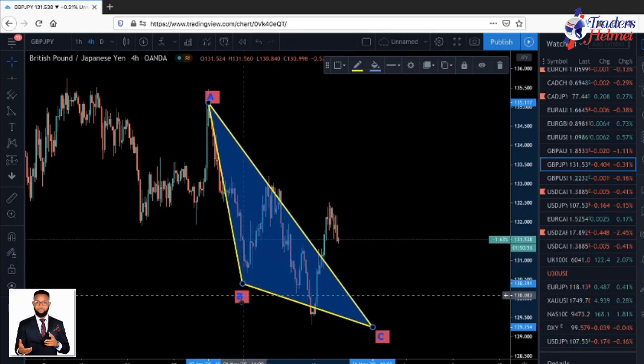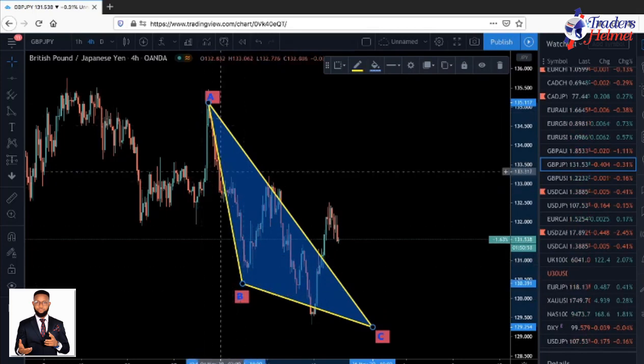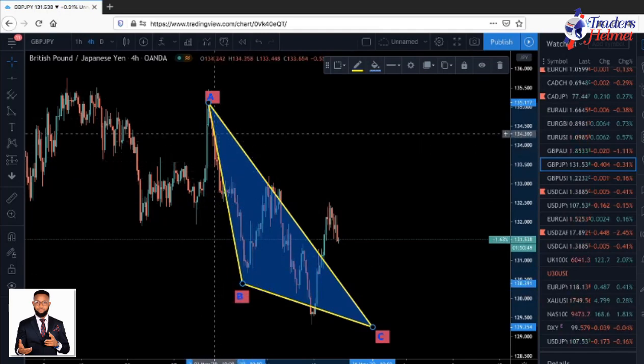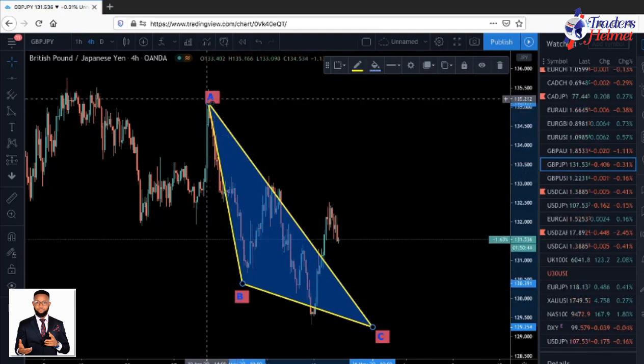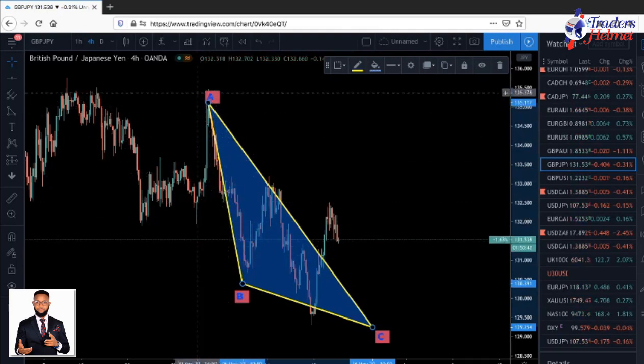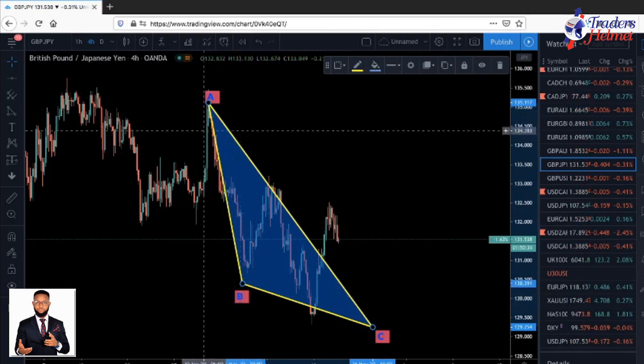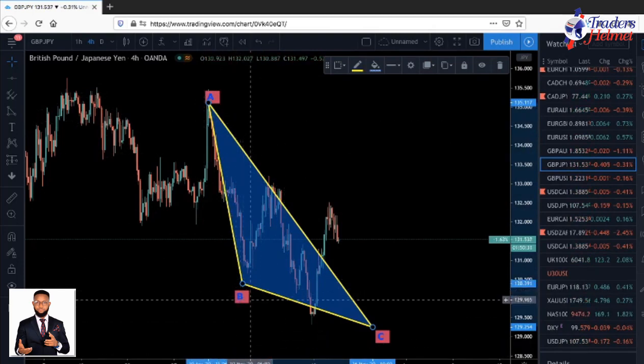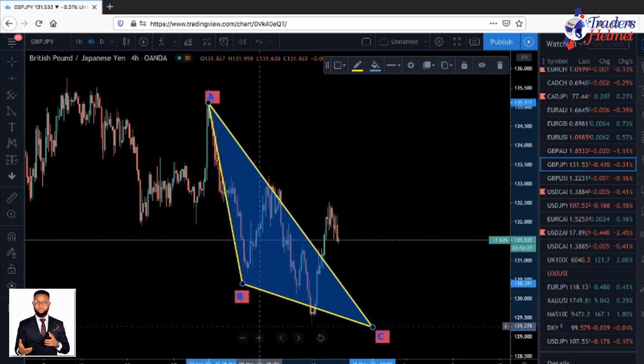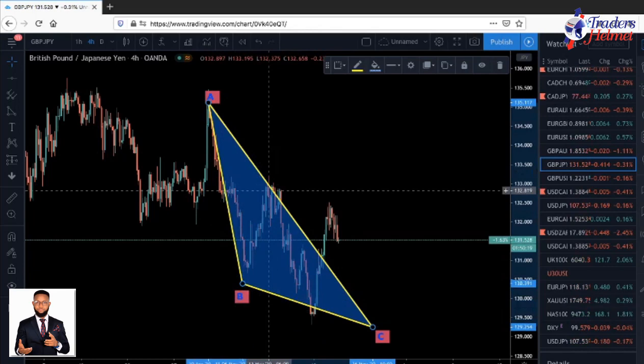Then space, this point is the distance between A and B. That is AB. The end of the second correction is a point C. Impulse, correction. Is that right?